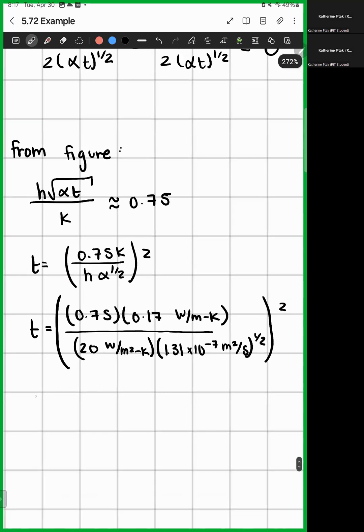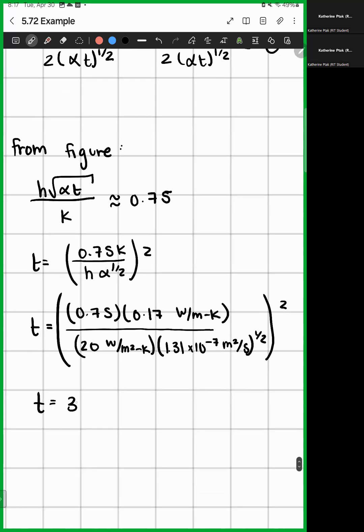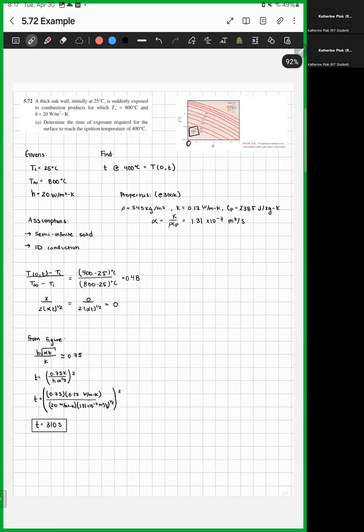When you do the math, you get t equals 310 seconds. And just zooming out so you can see the full problem, that is the answer for 5.72a.